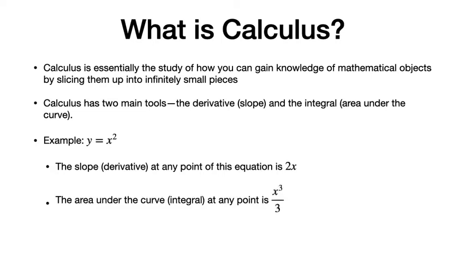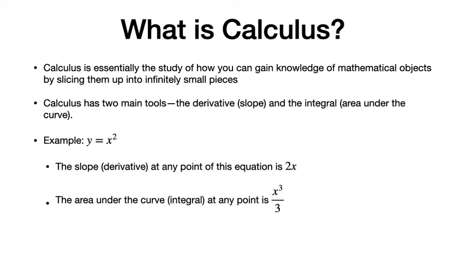The area under the curve at any point is given by x cubed over 3. So if I go over 3 on the x-axis, then the y-coordinate is going to be 9, and it turns out so is the area, because 3 cubed is 27, divided by 3 is 9.